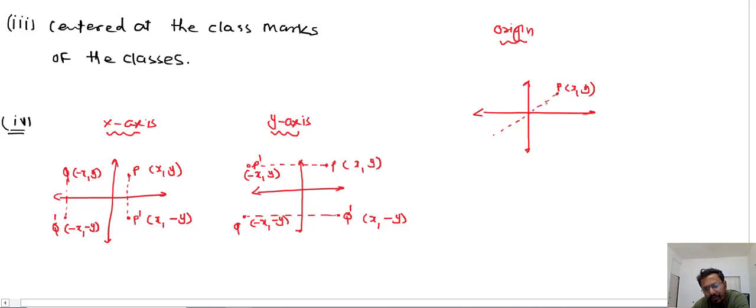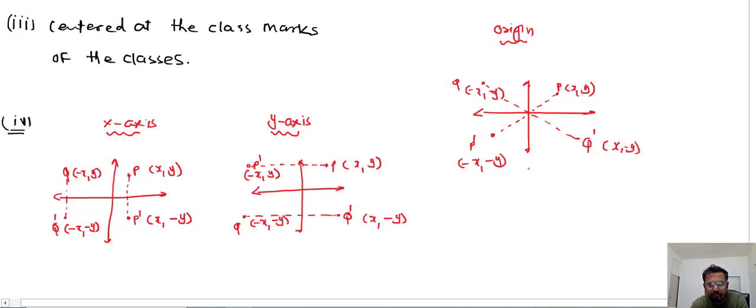Suppose you have one point Q (-x, y), and you reflect that towards the origin, so you get Q dash. Minus x becomes plus x, and y becomes minus y. So whenever you do the reflection towards the origin, the sign of both coordinates is going to change.